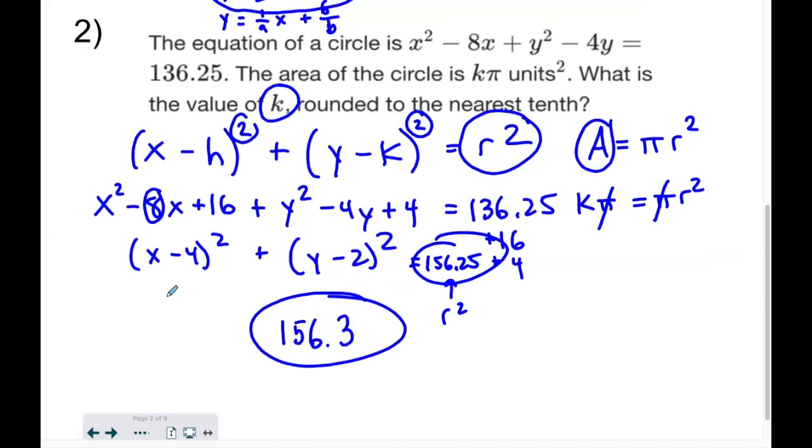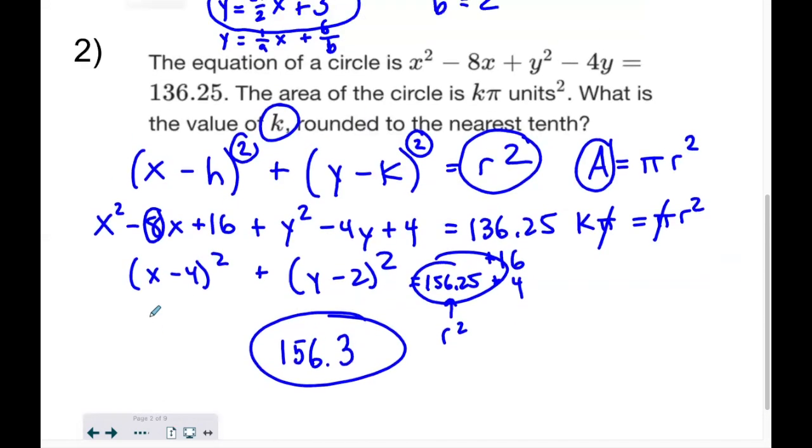Yeah, that one. I'm still confused on where you got the value 156.3 from. I didn't finish that equation while you moved on. Do you see where the 156.25 came from? Yeah. So that's the answer to the problem, but they just wanted it rounded to the nearest tenth. Oh, okay.